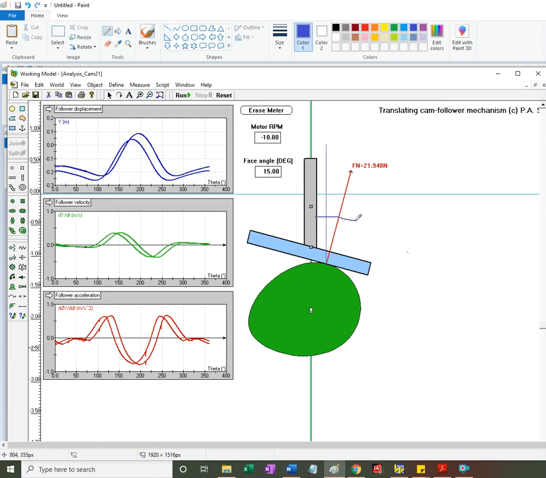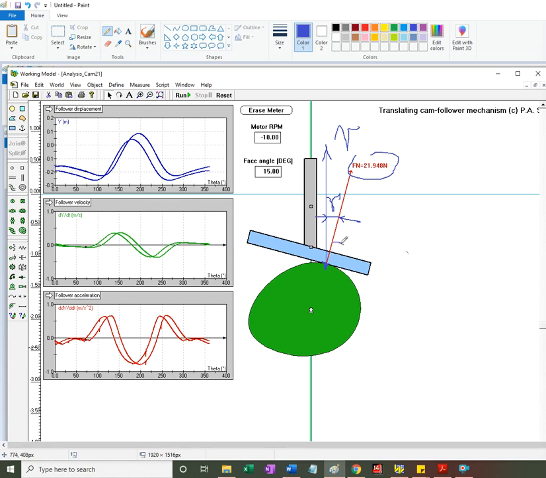and by the way, I have quiz and exam questions where I ask students to show the pressure angle in cam follower mechanisms. So again, this is the velocity of the contact point. This is the force, and the angle between the two is going to be the pressure angle.